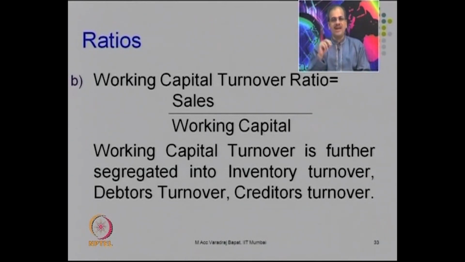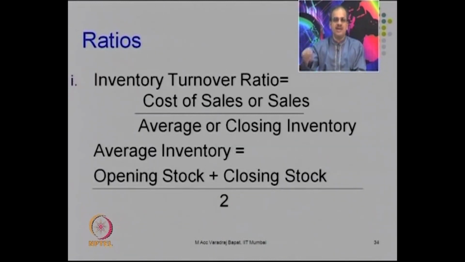We can also look at the working capital turnover, which is sales upon working capital. It tries to see how efficiently the company is able to use its working capital. It can be further subdivided into the use of inventory, debtors and so on. So, you have an important ratio, inventory turnover ratio, which shows the efficiency in use of stocks or the inventory.